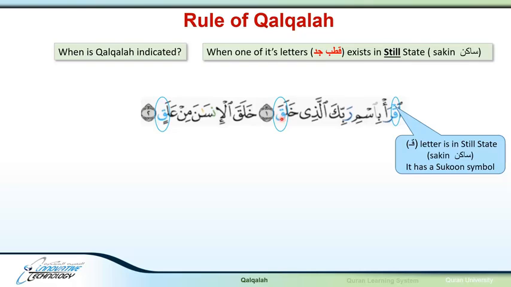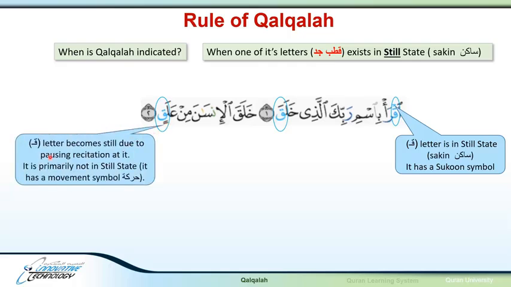So we don't say الذي خلق خلق, we say الذي خلق من علق. So we apply sukoon, and accordingly the qaf letter becomes still due to the pausing of recitation at it, despite the fact that it is primarily not in a still state. It has a movement, a haraka on it.